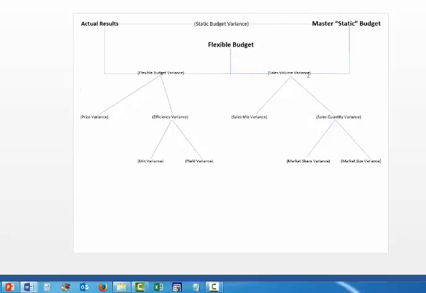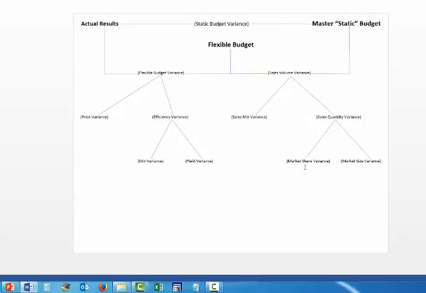Marketing people hopefully are spending a little time on specifically our sales volume variance over here to the right. Notice that it is made up of the sales mix variance and the sales quantity variance. And the sales quantity variance can be broken down into market share variance.